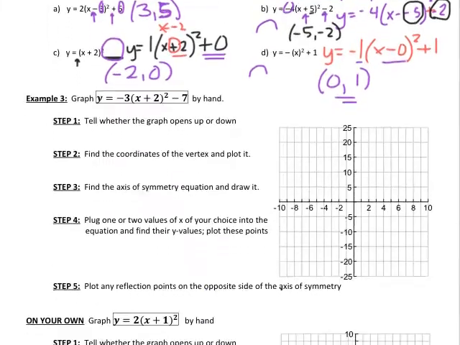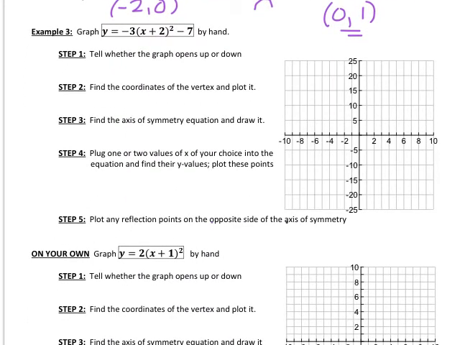The next thing we're going to do is go ahead and look at example 3. Here's the function y equals -3 times x plus 2 squared minus 7. So the first question here is to tell whether the graph opens up or down. Well, we know that it's going to open downward due to the fact that the a value is -3.